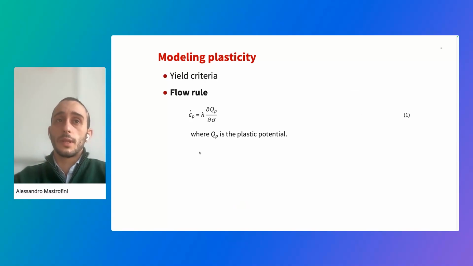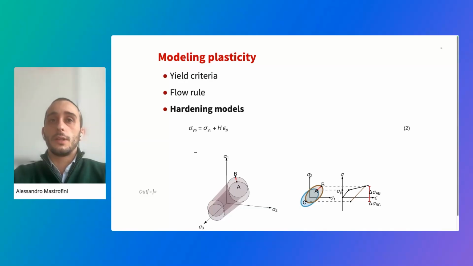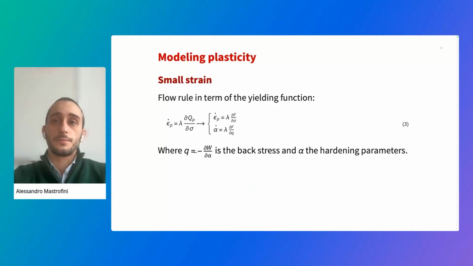The flow rule tells us how the plastic strain evolves. So this is an evolutionary equation that describes the increments of the plastic strain. And then we need some sort of hardening model, but I'm going to talk about that in a minute.